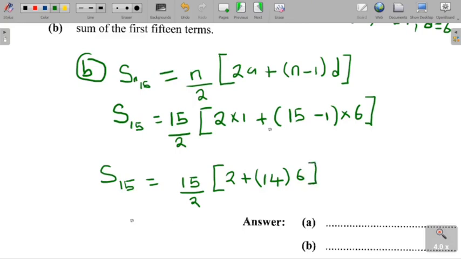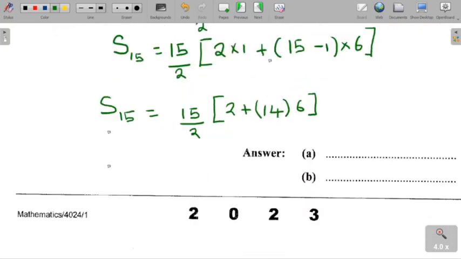From there, what's next? You say sum of 15 terms is equal to. Let's work out everything that is in the brackets.